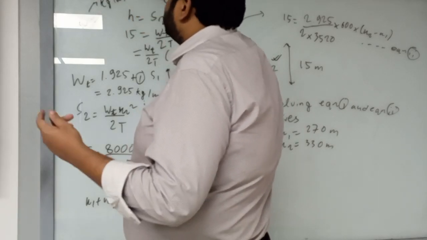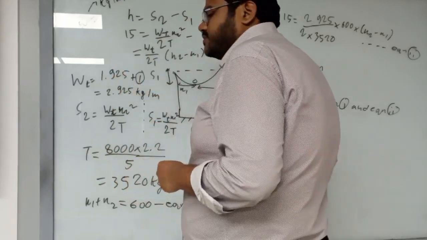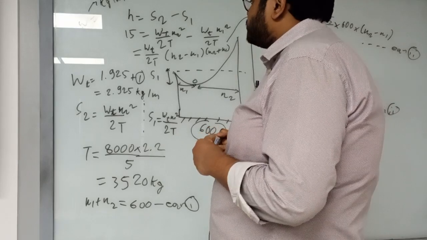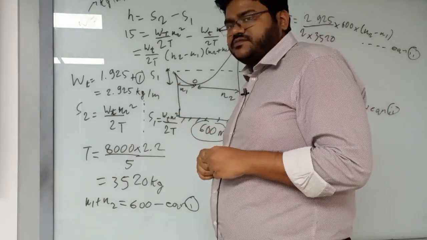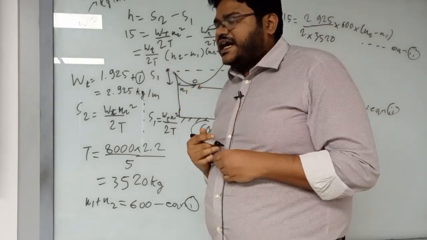If it is in kg per centimeter or whatever, you have to convert it to SI units. Here it is already given in kg per meter, so no need to convert, but the ice load is 1 kg.